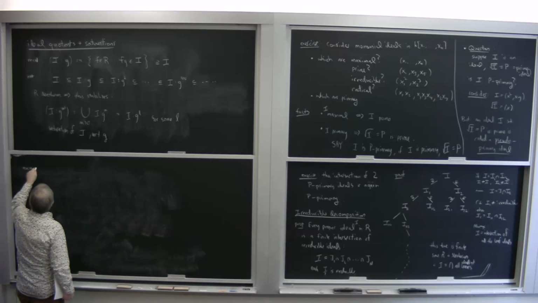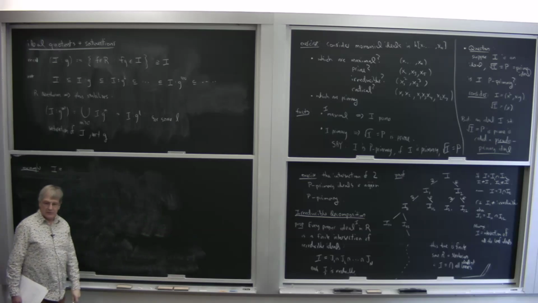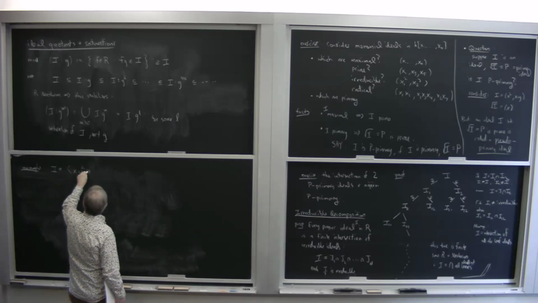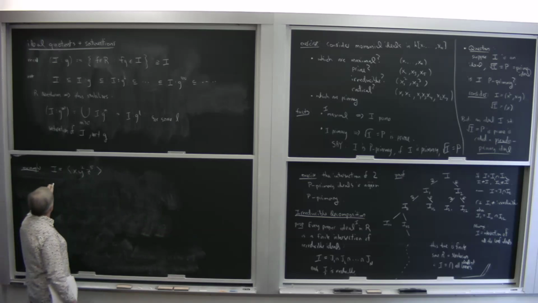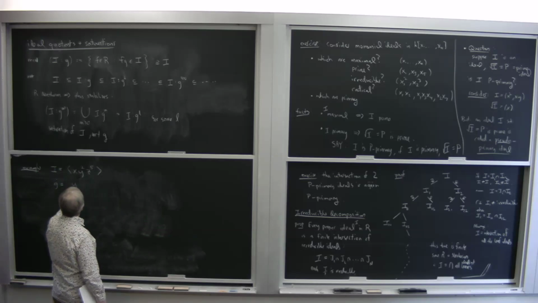This is a pretty simple example, but let's suppose that I is equal to the ideal generated by x times y squared times z to the 5th, one single generator. And now G, I'm going to take to be just y times z.